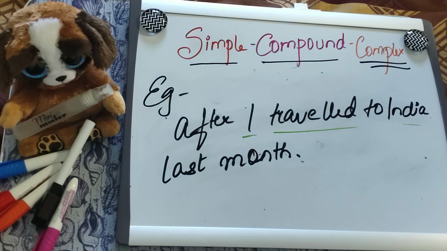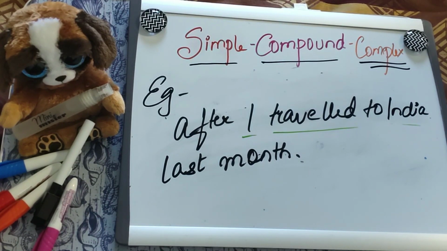So, what can we say in this sentence? COVID or the pandemic occurred after I traveled to India. Yeah, that can be a good example. Or my friend got married after I traveled to India last month. That can also be a good example.